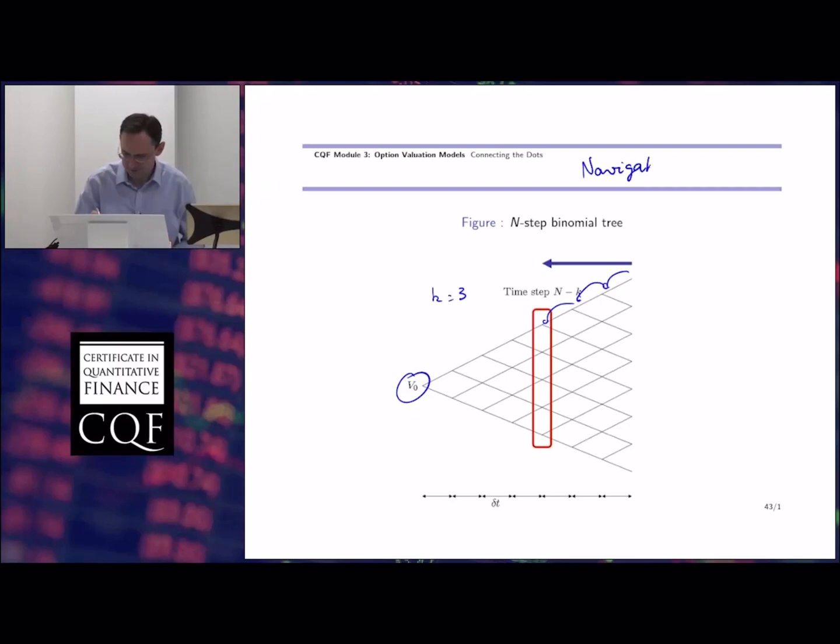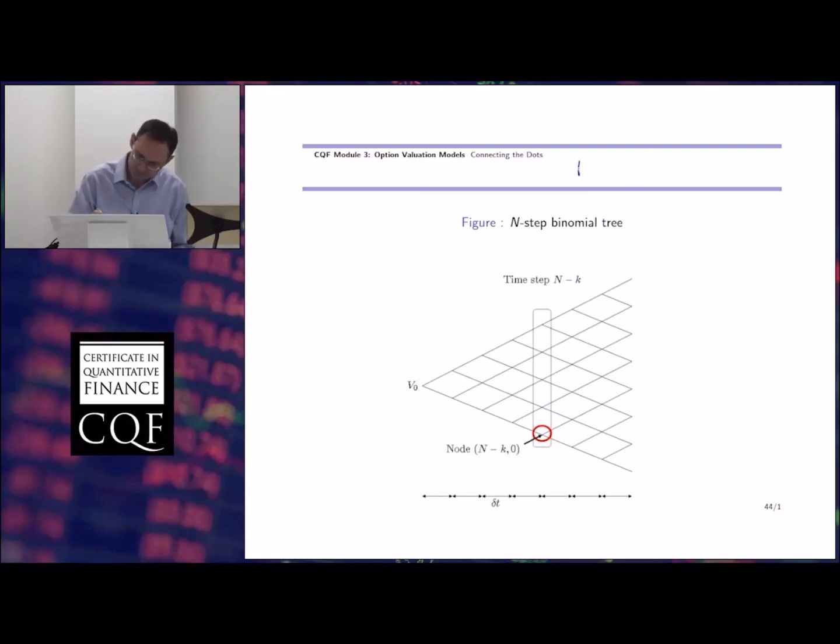So that's how we navigate in time. Now, navigating the state variable, the price. Well, this is node in time, this is node n minus k. We're going to call the node at the bottom 0, and we're going to go all the way up to n minus k, that's in asset price space.